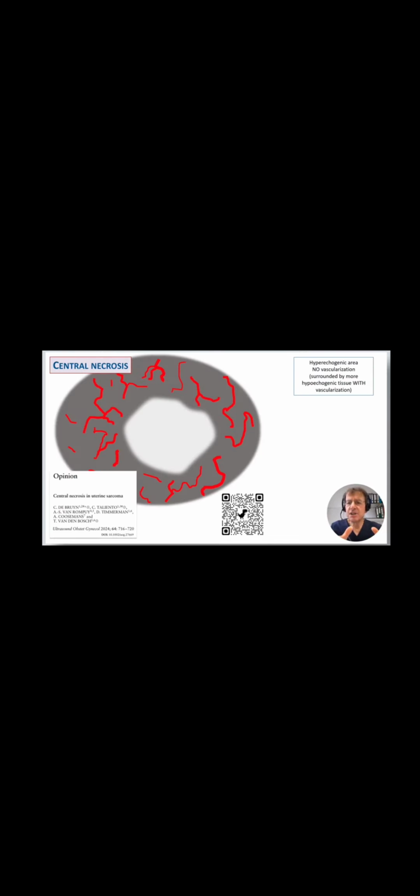But coming back to sarcomas, think of that when you're thinking about central necrosis. If you have a sarcoma, at the center of the sarcoma, because of the lack of vessels reaching the center, you will have some more hyperechogenic areas because of edema and hypovascularity.